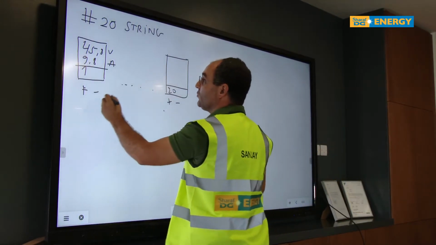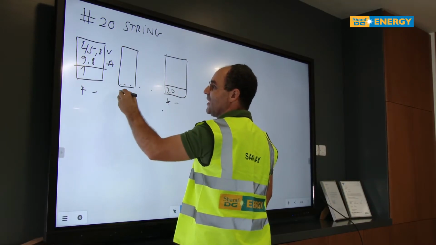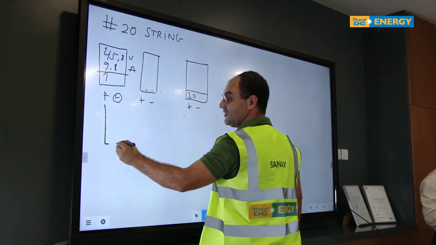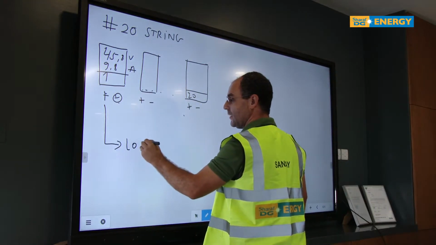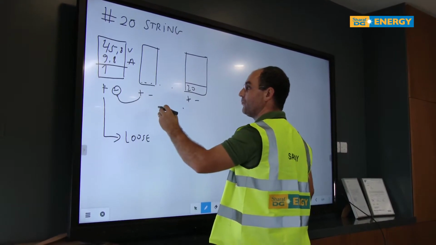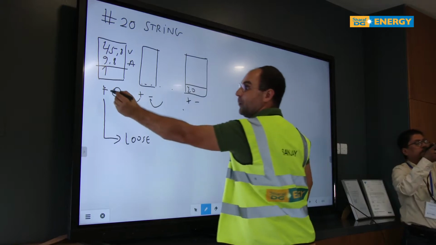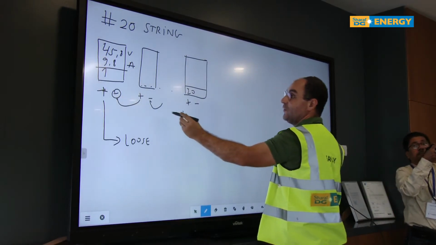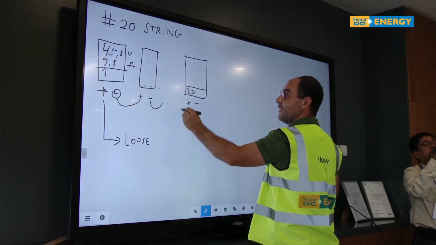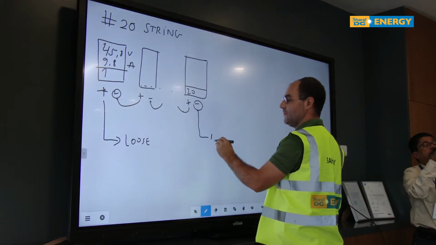So now, what we are doing is that on the second panel, here in the middle, which has a plus and a minus, this positive will be kept loose, okay? And then we connect this one with this one. Then we go, this one to this one, until the end. So I have a positive loose here, and if you make these connections, this one will be connected to the other, and I have another loose here.